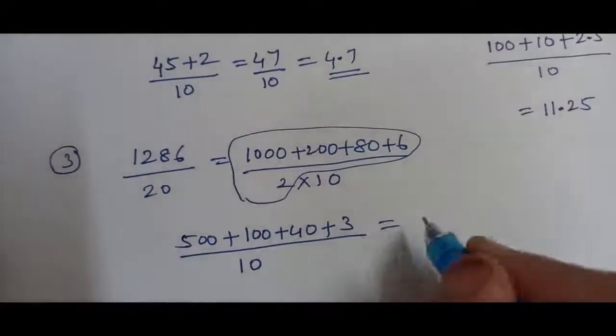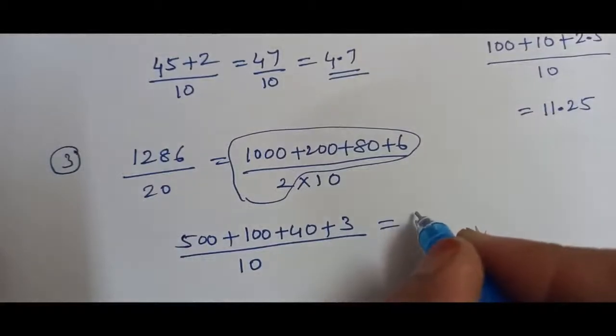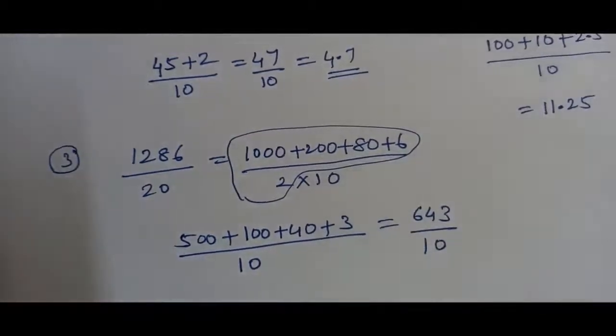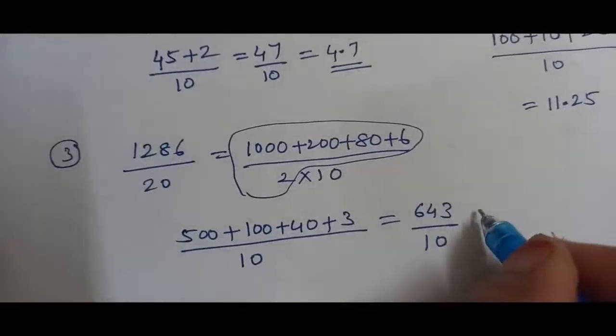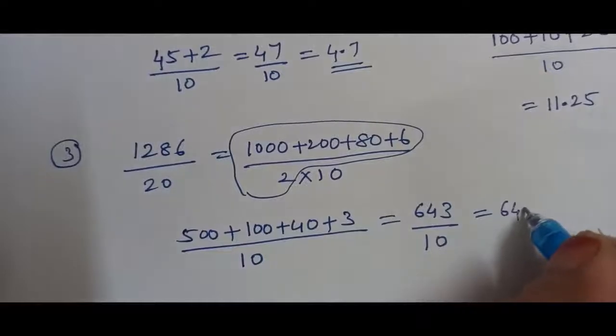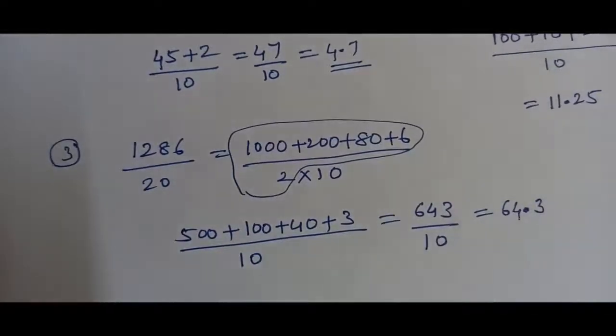Right? So how much? 643 by 10. So keep a point after one digit from the right side. So the answer is 64.3. Is it clear?